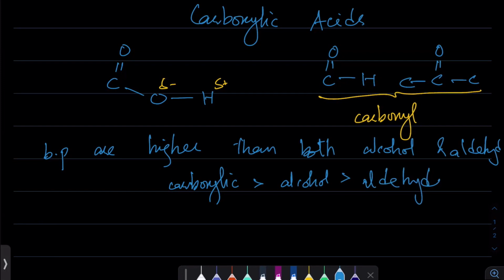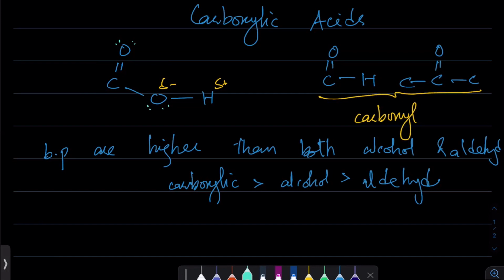And why do they have higher boiling points? Again, hydrogen bond. But then the question is, hydrogen bond was there in alcohol too, so why is it higher in carboxylic acid? There's a very simple reason: you have two oxygen groups, which means this oxygen has its lone pairs that it can use, and this oxygen also has its lone pair that it can use.